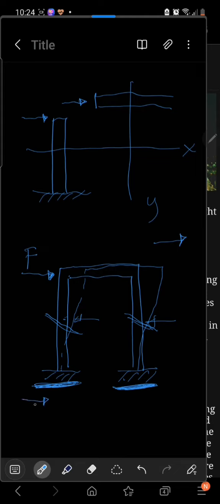So in seismic analysis, we have shear force, and eventually the loads are transferred from the top to the bottom of your structure.